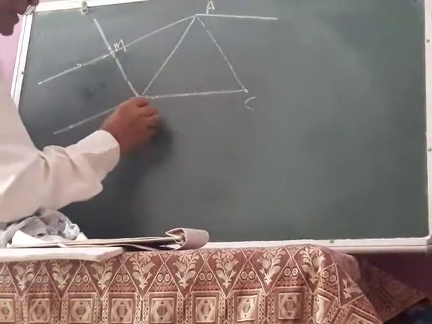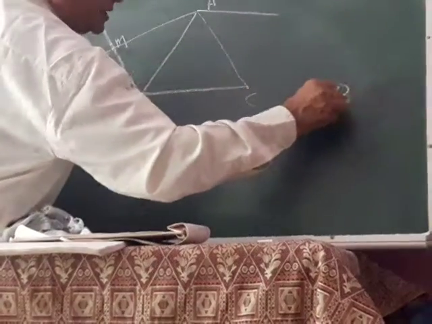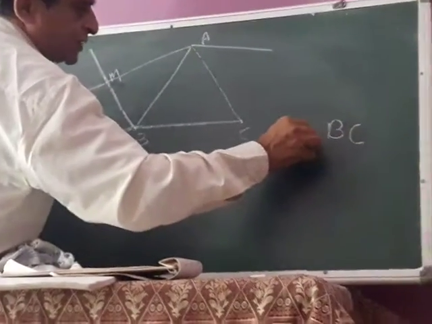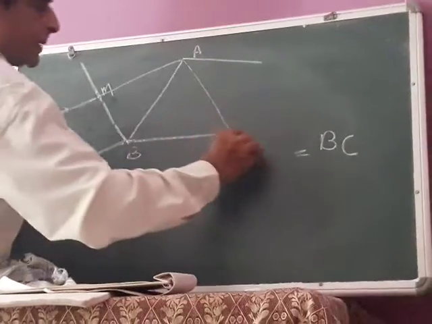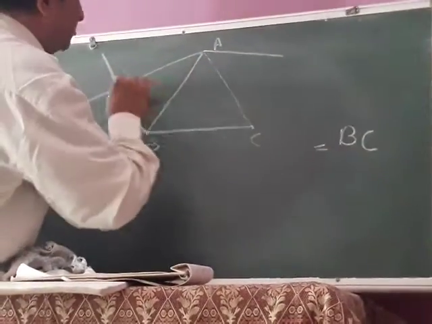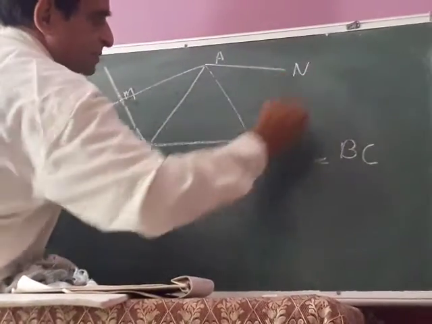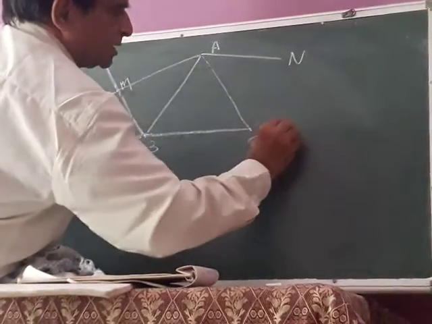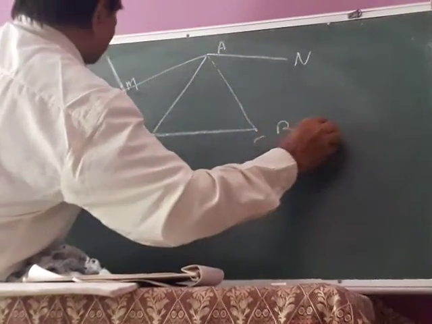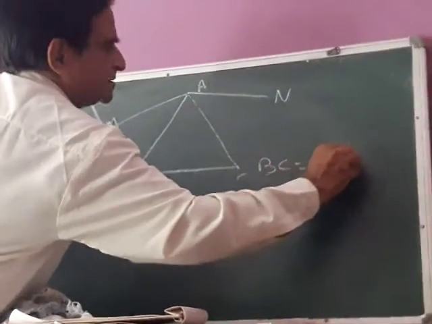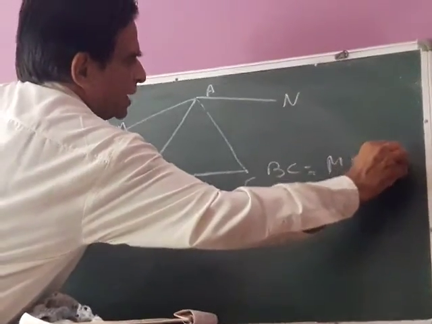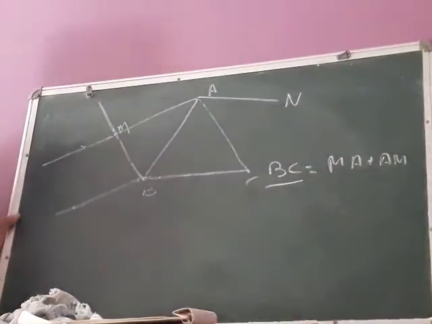So the time taken for BC by the light is the same as the time taken for M to A and A to N. Right?